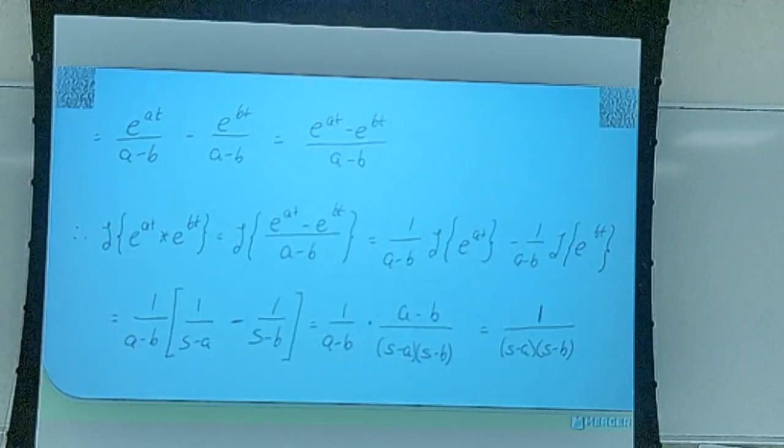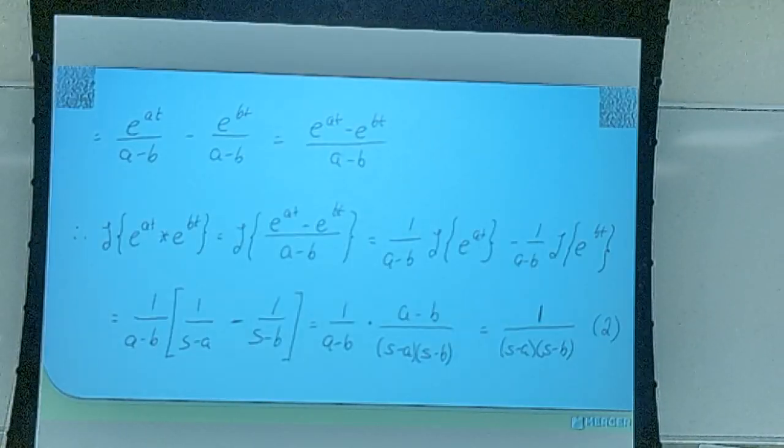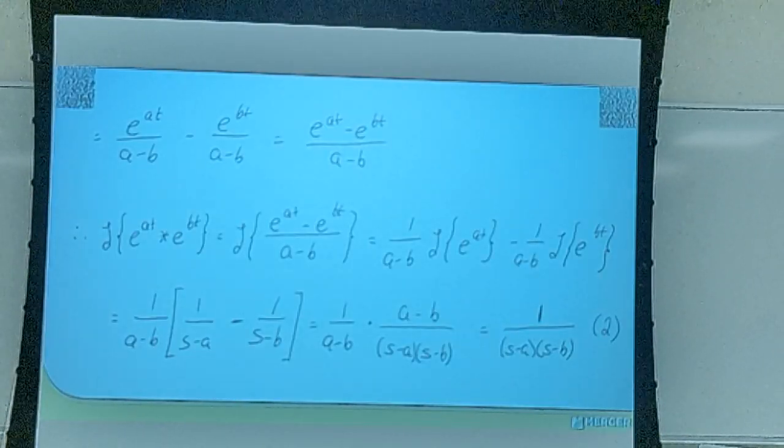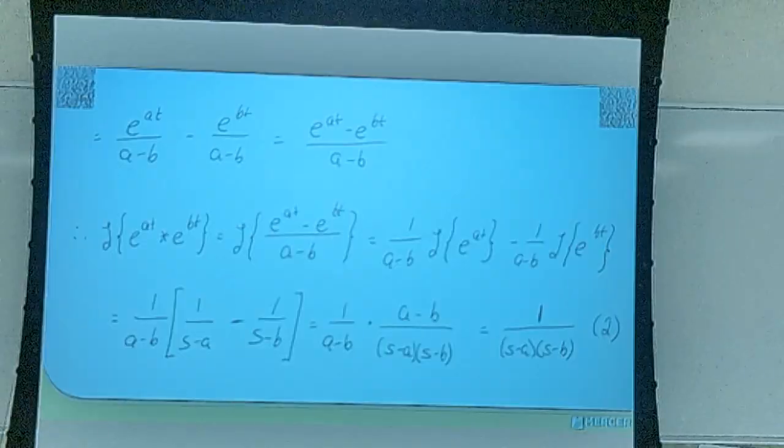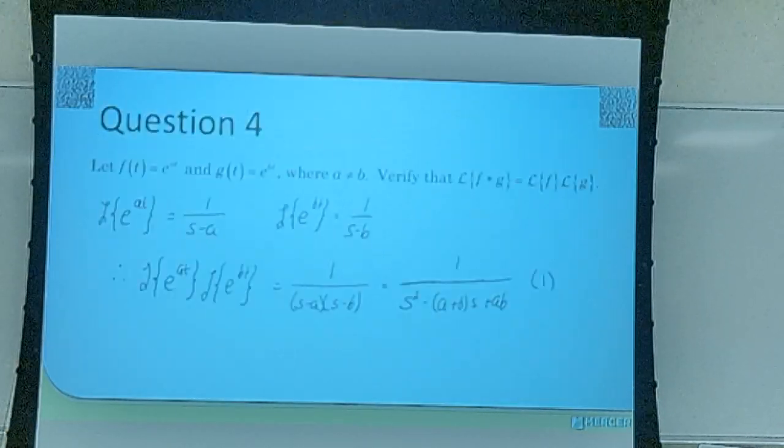Isn't that just 1 over s minus a times s minus b? Call that 2. What was 1?